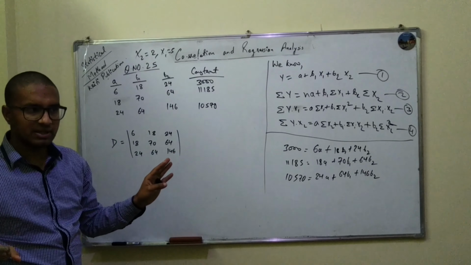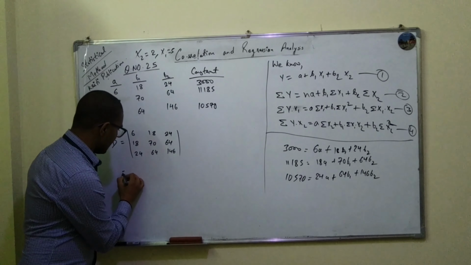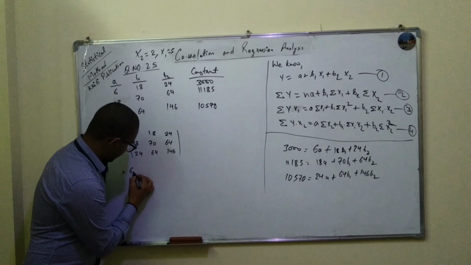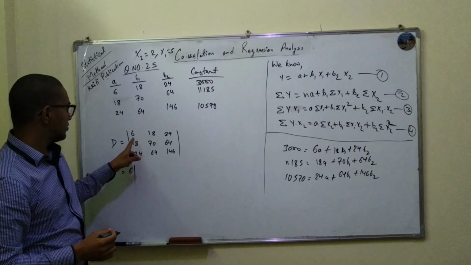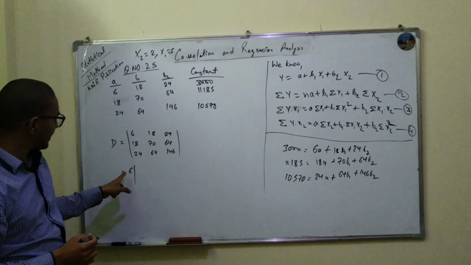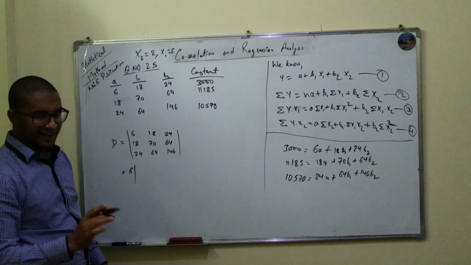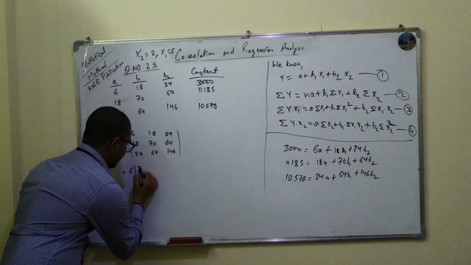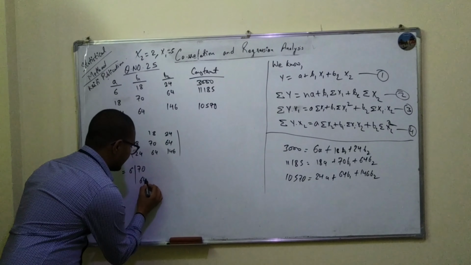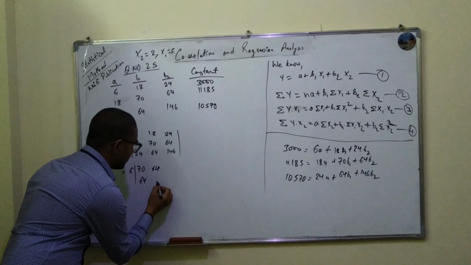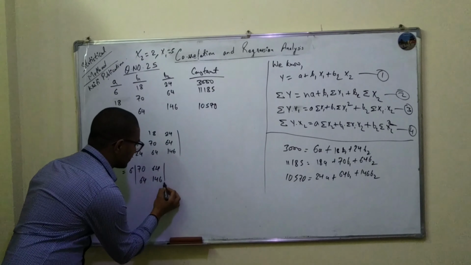You could basically use the first row method or the column method. It does not really matter with the matrix. So if you are taking 6 in the beginning, then only these four numbers will be inside the bracket: 70, 64, 64, 146.